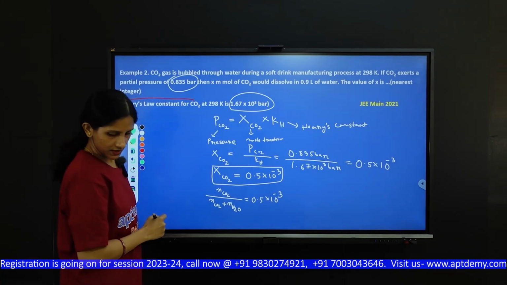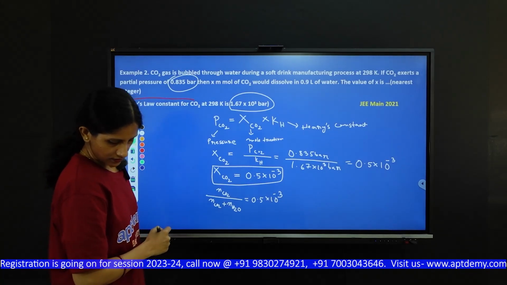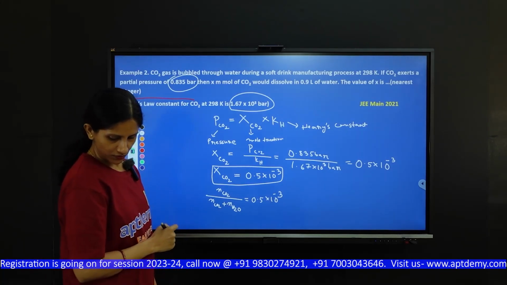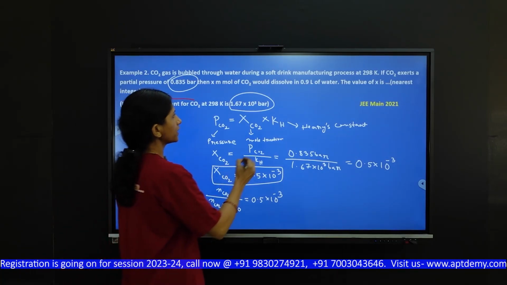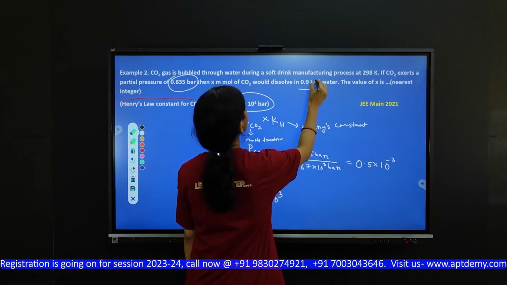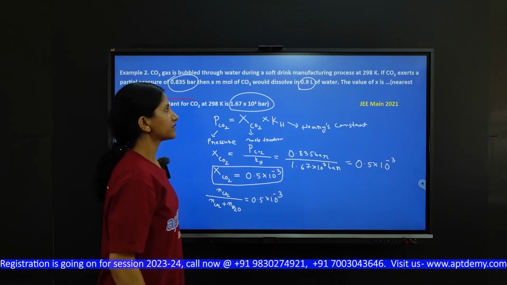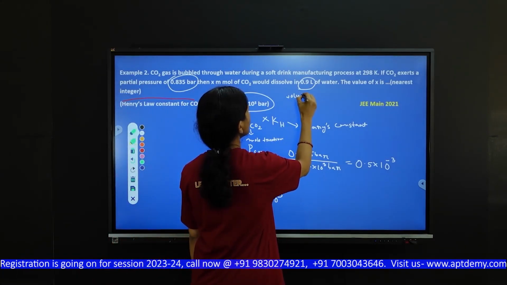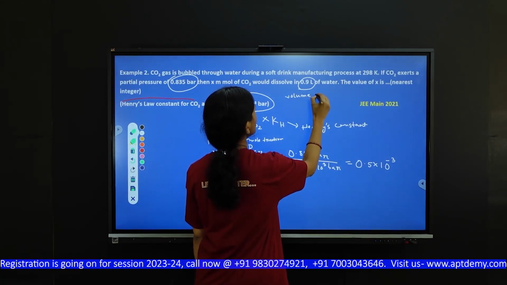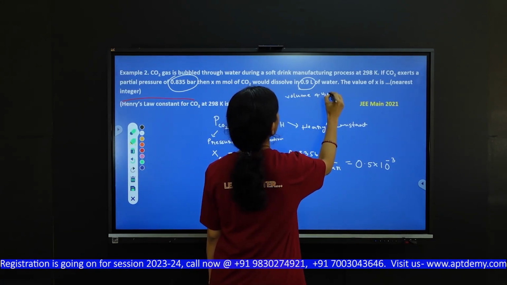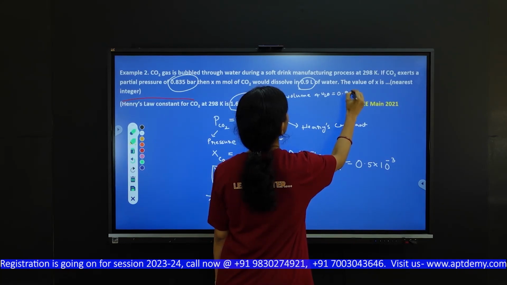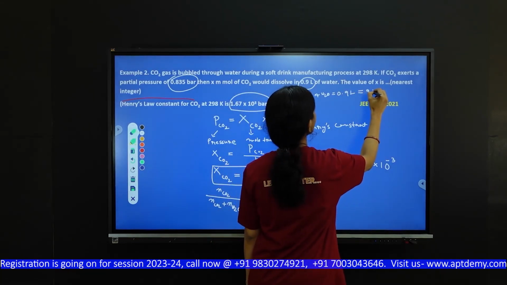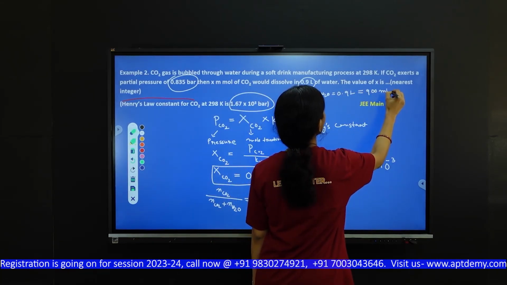Now let's first calculate the number of moles of water. So here 0.9 liter of water is given. So the volume is given. Volume of water is 0.9 liter or 900 ml.